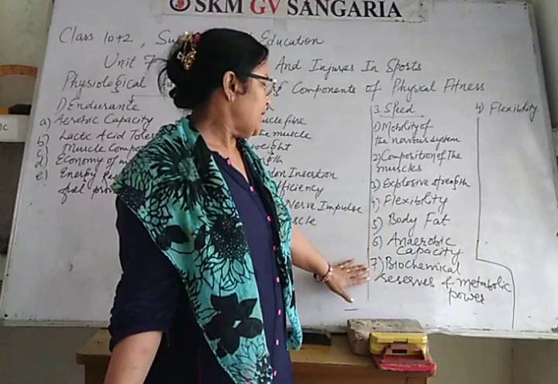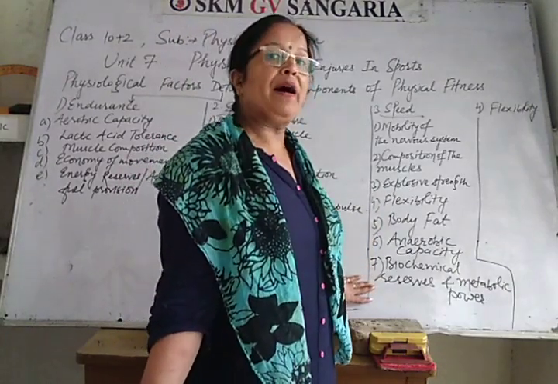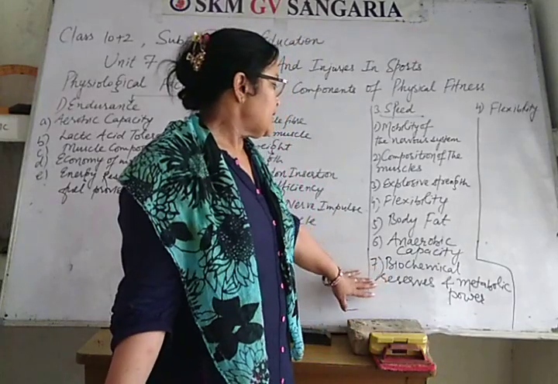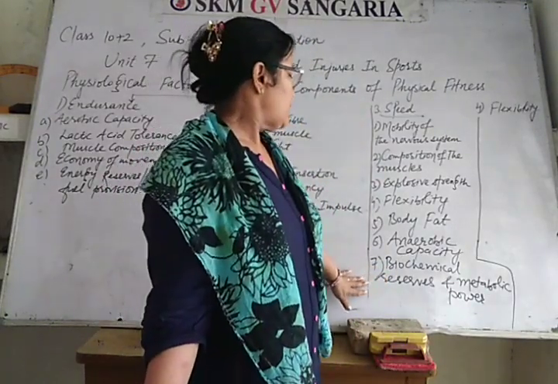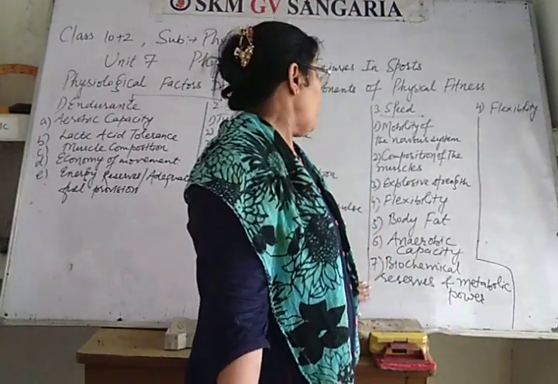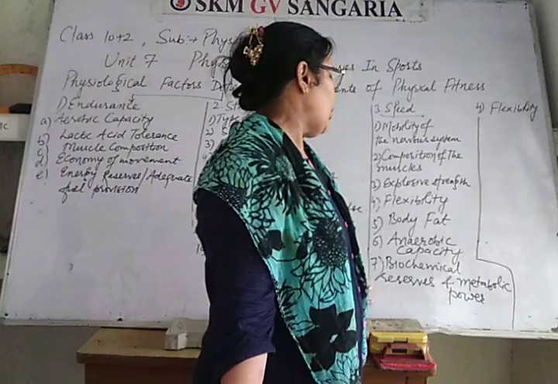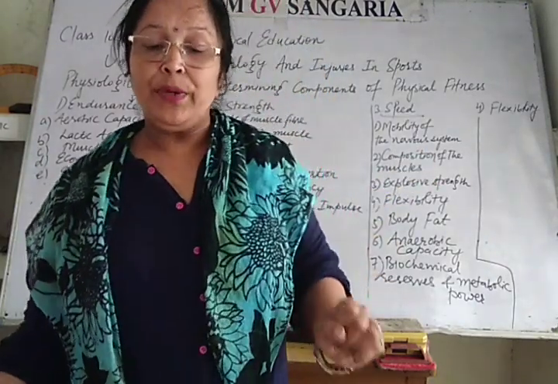Next, it is biochemical reserves and metabolic power. This also affects speed. So, let's know how biochemical reserves and metabolic power determine speed.